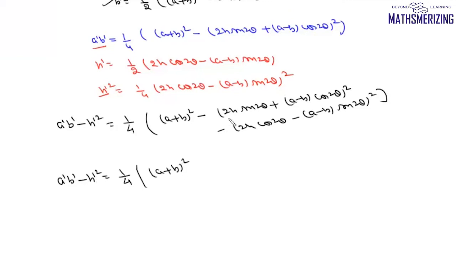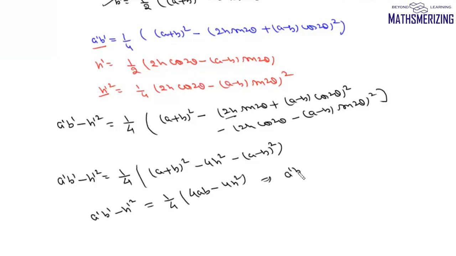Now here it will be 4h square (sin square theta plus cos square theta), which will be 1. So it will be minus 4h square, and then minus (a minus b) square (cos square theta plus sin square theta). So again it will be minus (a minus b) square, and then plus 2ab and minus 2ab will cancel. So we'll get a dash b dash minus h dash square equal to 1 by 4 times (4ab minus 4h square). So from here we can write a dash b dash minus h dash square is equal to ab minus h square.